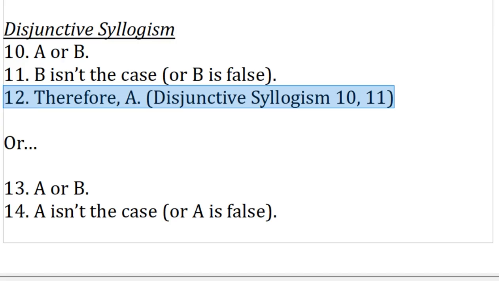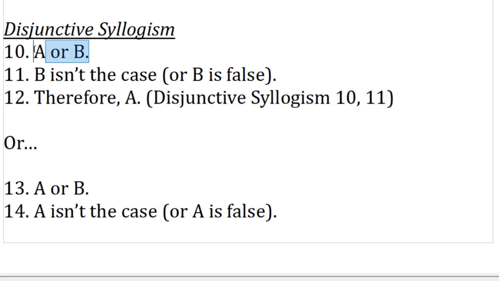A way to think about this rule is you have 2 things, and what this premise is saying is that one of these 2 things is true. Either A is true or B is true. And then in the next premise, you kind of knock one of those out of the way. You're saying we're limited to 2 options here, and then you knock one of your options out of the way.